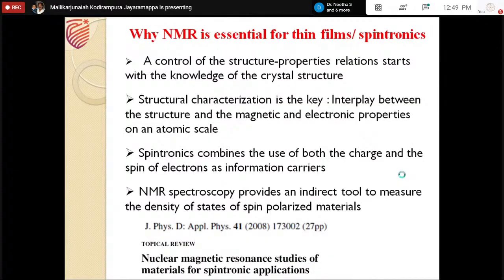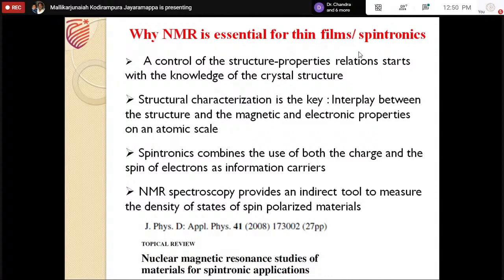Why do we really care about this NMR, and how useful would it be for thin films and spintronics? I hope Professor Anil Kumar, who has mastery in spintronics, will excuse me; I just want to give a very little connection with respect to NMR, and how we can use it in spintronic systems also.